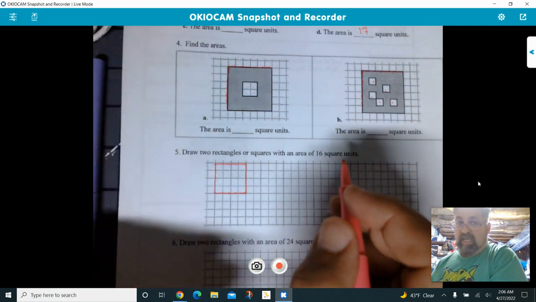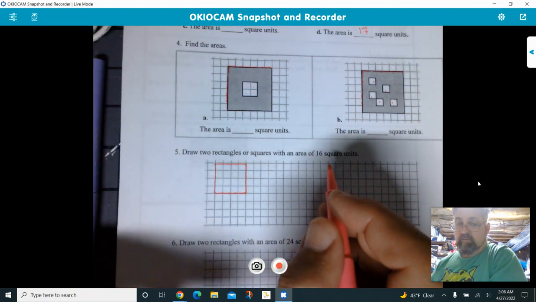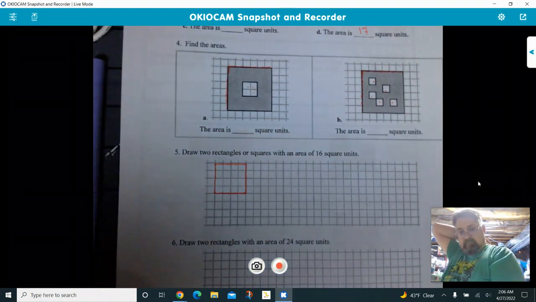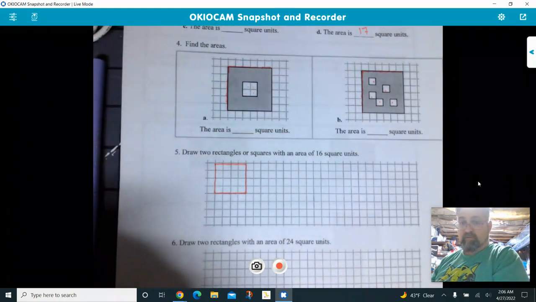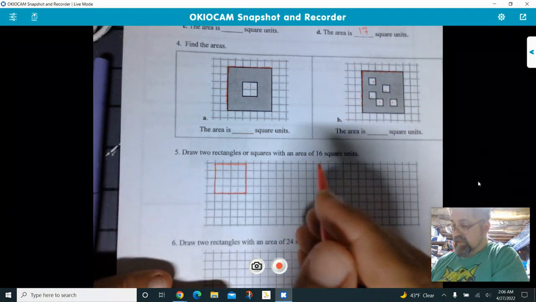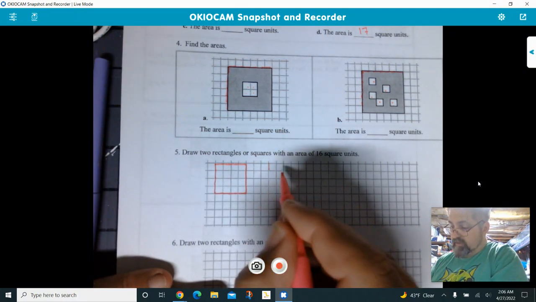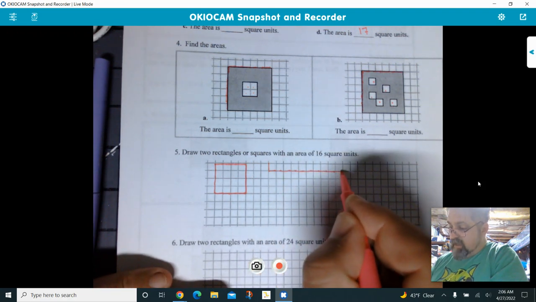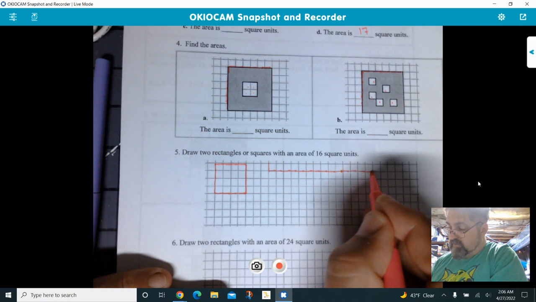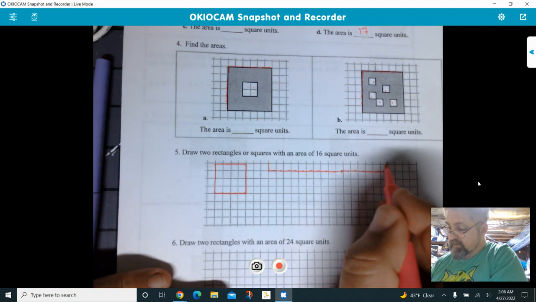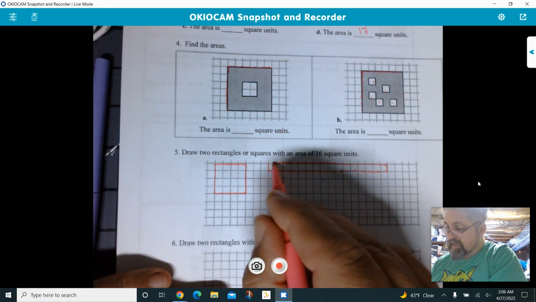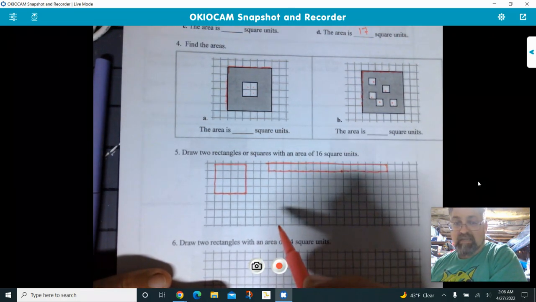We said that 2 times 8, 1 times 16, any of those would be good to get you that area. Let's do 1 times 16. Think about your factors and what times what will get you 16.